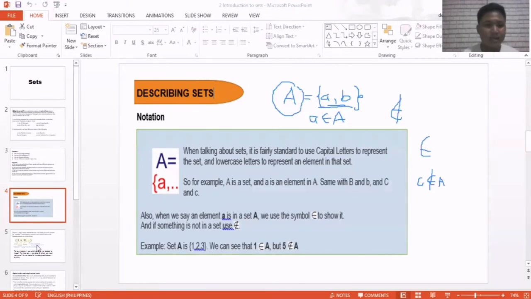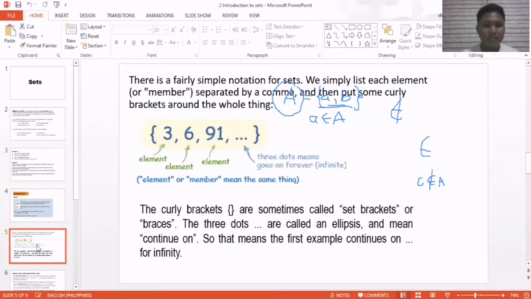Let's proceed. Let's erase first. There is a fairly simple notation for sets. We simply list each element or member separated by a comma and then put some curly brackets around the whole thing.